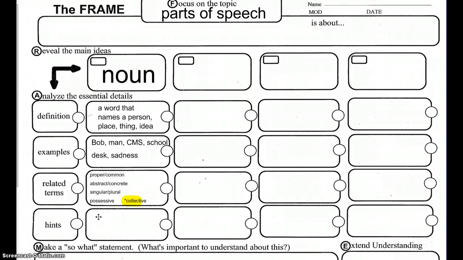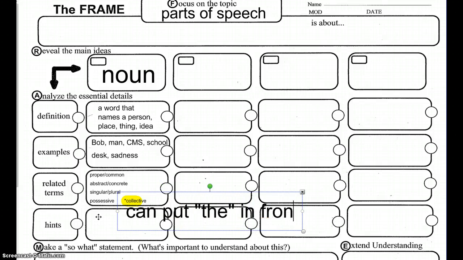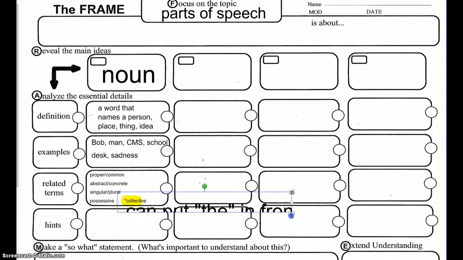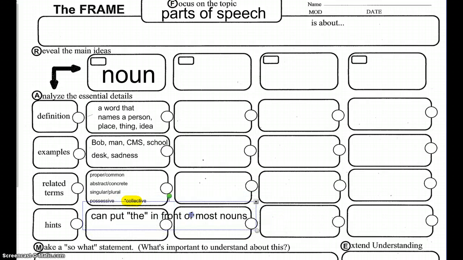And we decided that you can put the word the in front of most nouns. And so we did that little test and compared it to the nouns that we had an example of up here. The Bob didn't work. The man, the CMS didn't work. The school, the desk, and the sadness I felt when I watched a commercial.